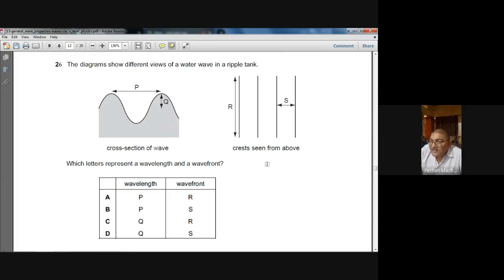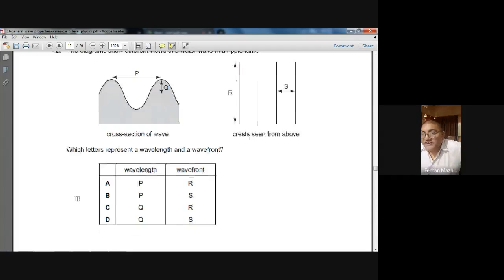So R represents the wavefront, and P represents the wavelength. So A is the right choice. Q basically represents the amplitude. So A is the right option, sir.